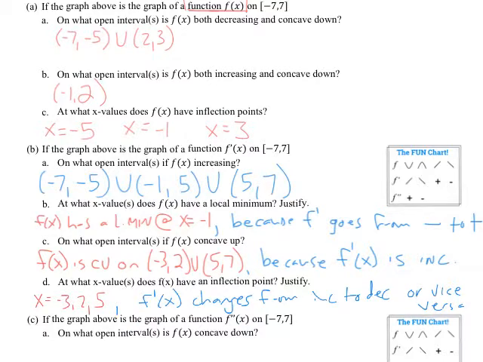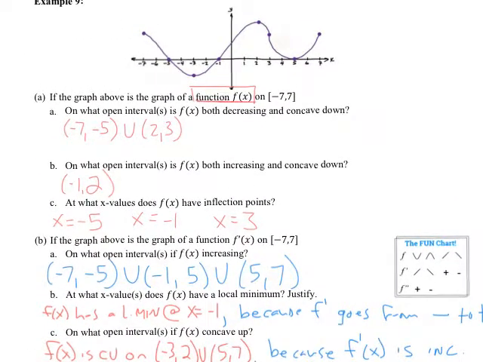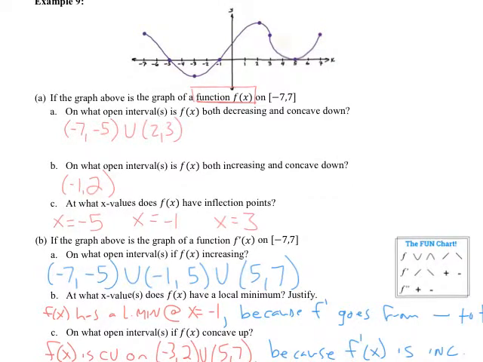Okay. And finally, in part C, we're now going to assume that the graph is the second derivative. So if this is a graph of f prime prime, then we know things like when f prime prime is positive, we are concave up, and when f prime prime is negative, we're concave down.